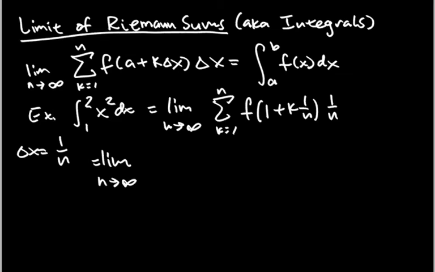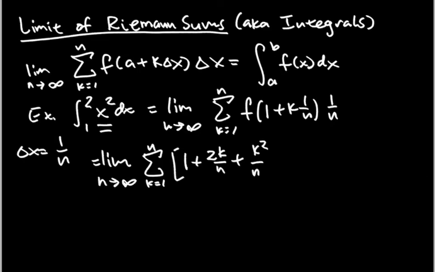Okay, so f of 1 plus k over n: if you plug that into the function, we get first squared plus 2 times their product plus second squared, and we're multiplying that all by 1 over n, right?